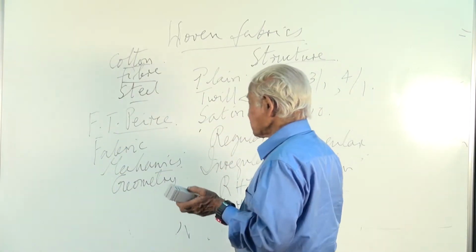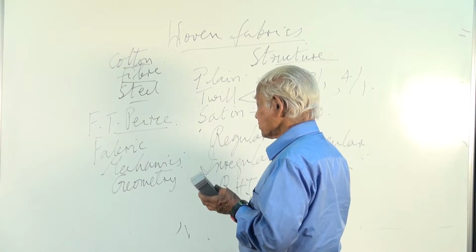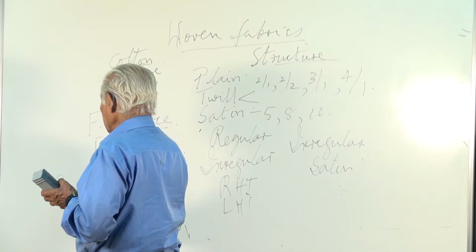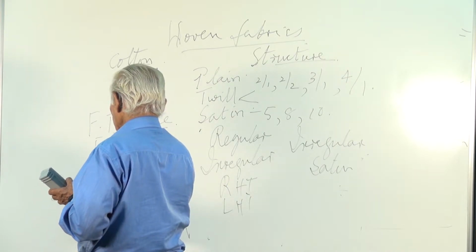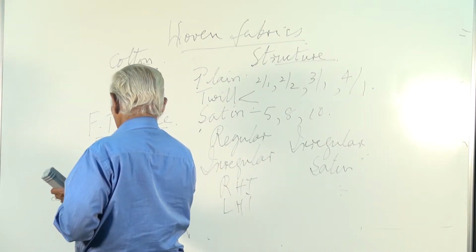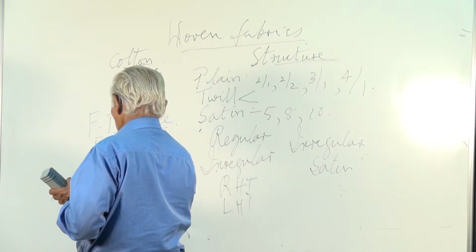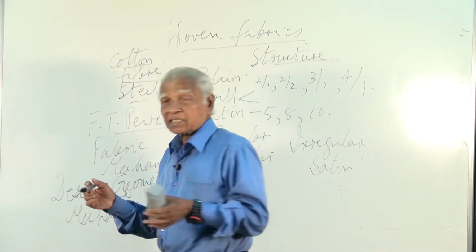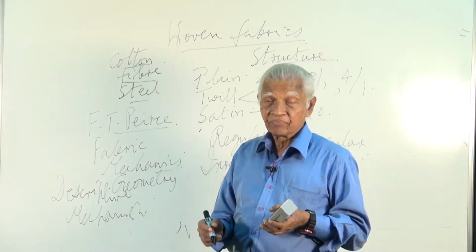And two types of mechanics he has given. One is the descriptive, the other is a mechanistic. In the descriptive one, it just gives a relationship between the various parameters.